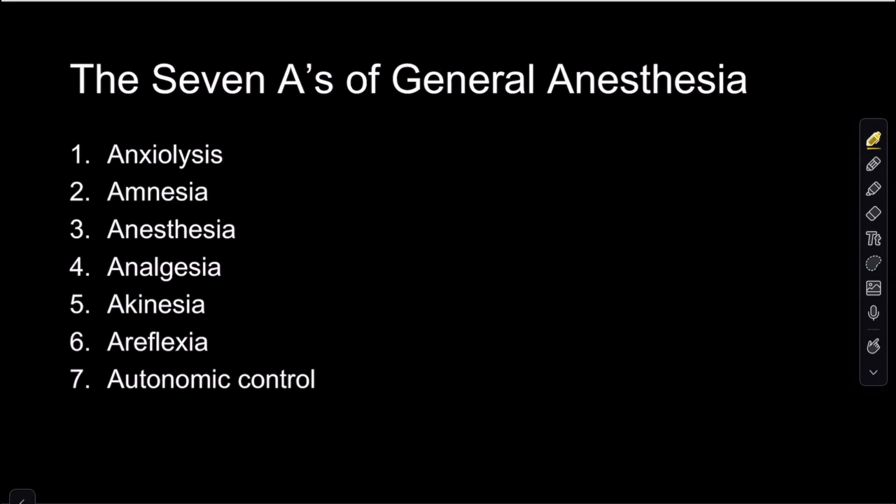The last topic that we'll touch on are the 7 A's, or the 7 pillars of anesthesia. The first one is anxiolysis, which is just relieving anxiety. This is commonly done in pre-op with Versed or benzodiazepines.